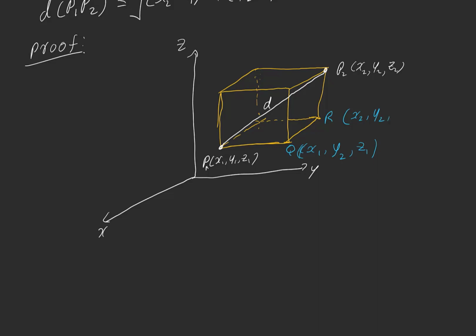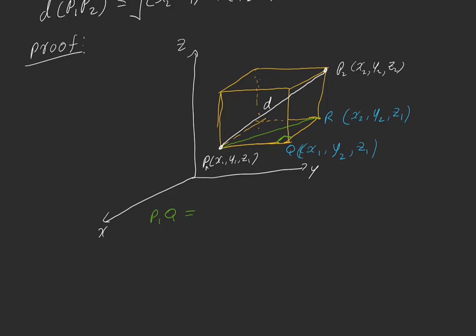Then the z value is z1, the same as Q. Consider the triangle P1QR. The Q angle is 90, therefore P1QR is a right triangle.